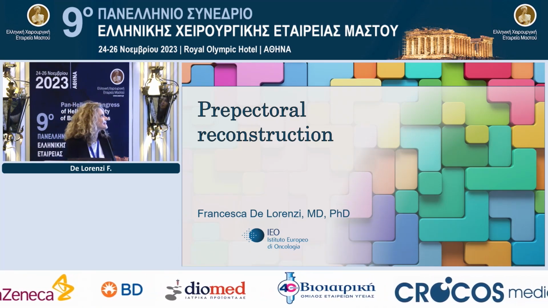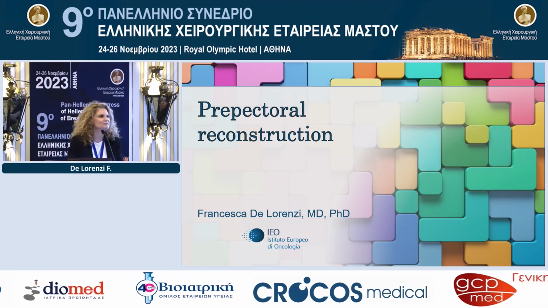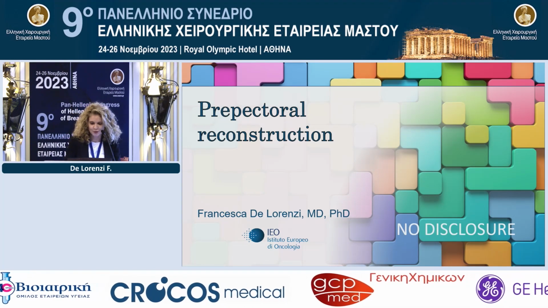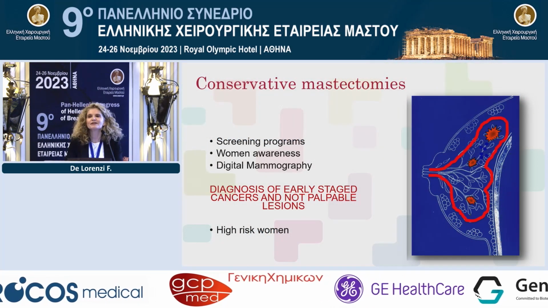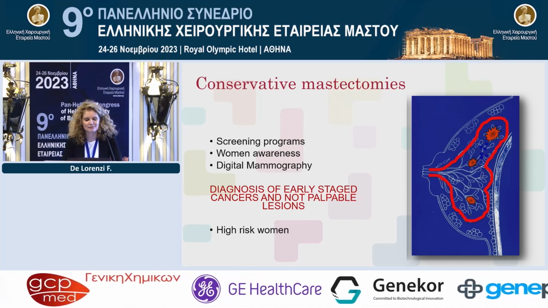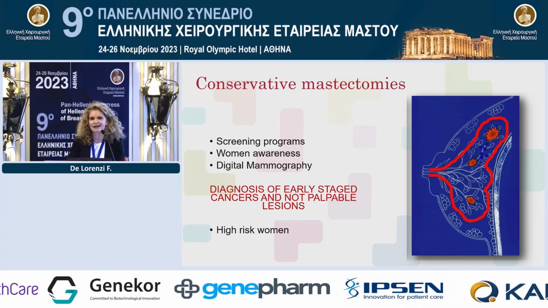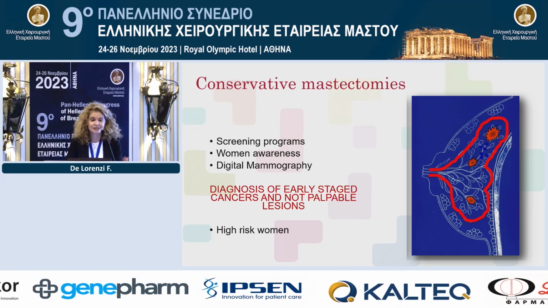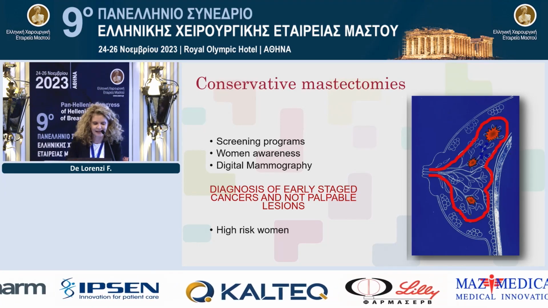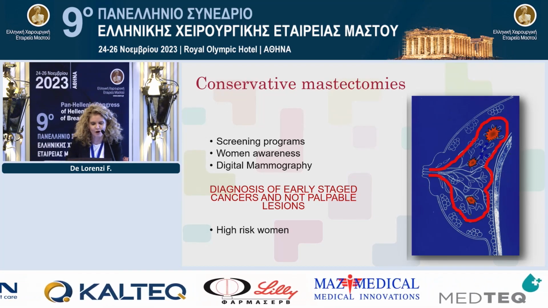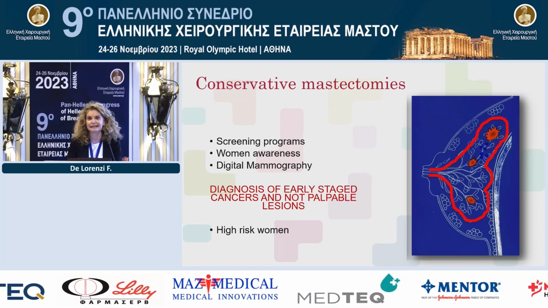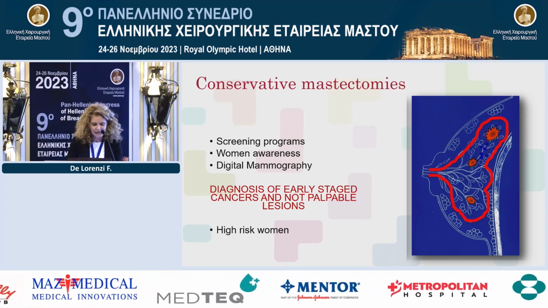The topic of my presentation is prepectoral reconstruction, and I have no disclosures. Conservative mastectomies are nowadays available, thanks to screening programs, women's awareness of breast cancer, and digital mammography with tomosynthesis. They allow the diagnosis of early-stage breast cancer and even non-palpable lesions.